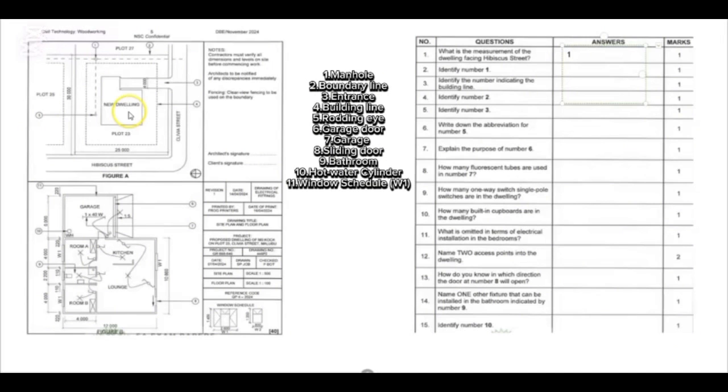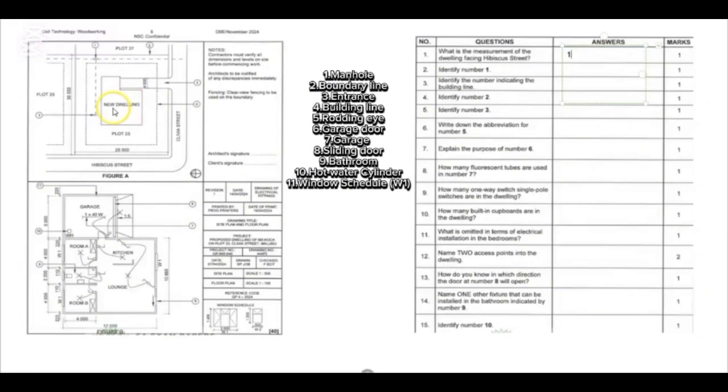So a quick wrap of what we've labeled. Number 1 is the manhole. Number 2 is the boundary line. Number 3 is the driveway or an entrance. Number 4 is the building line. Number 5 is the rodding eye. Number 6 is the garage door. Number 7 is the garage.